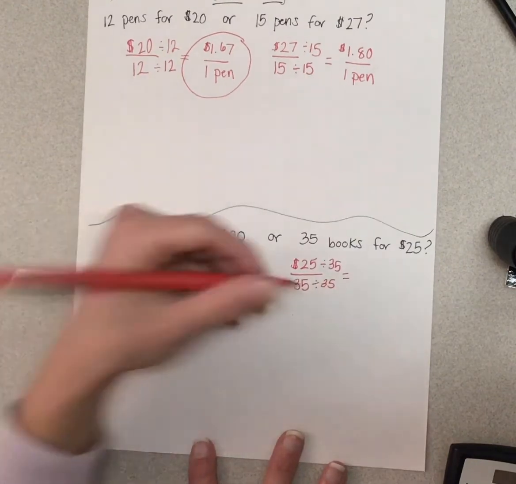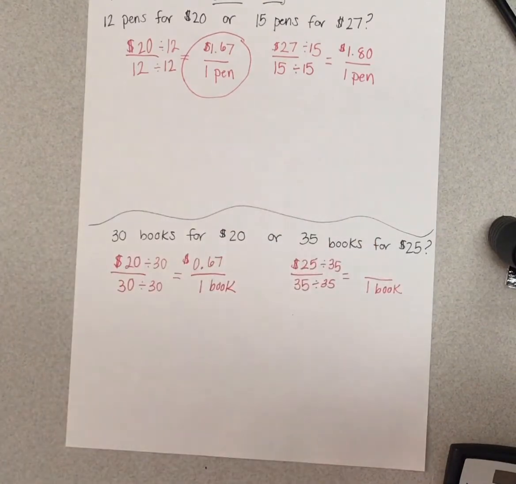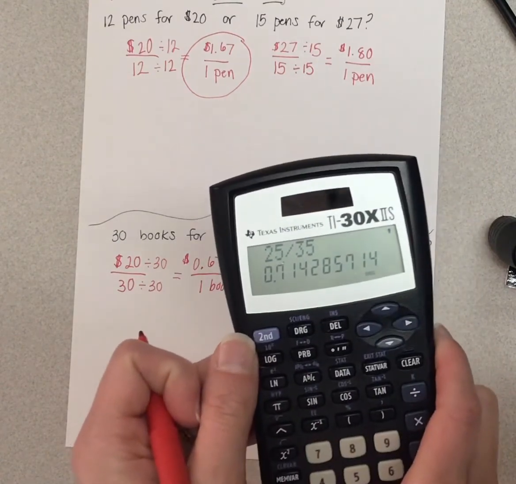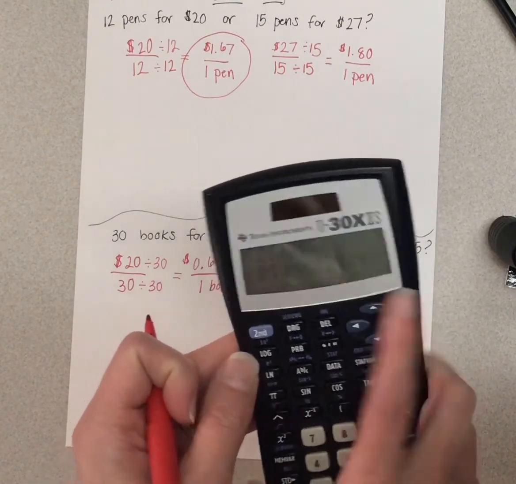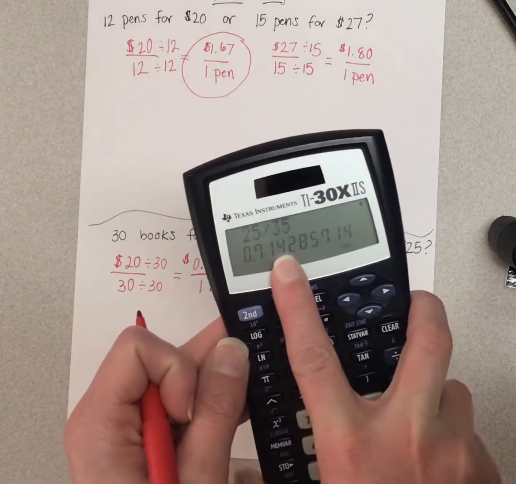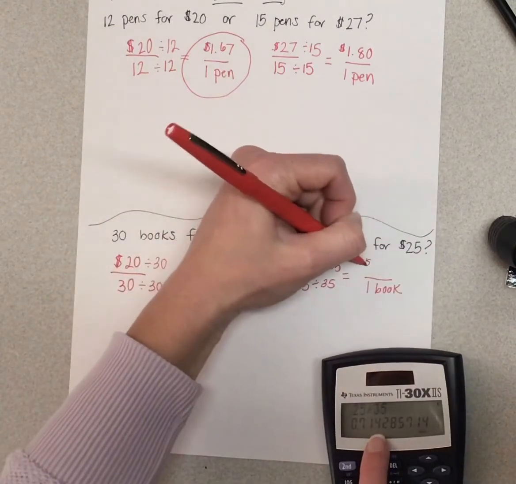When I divide by 35, I know that's going to give me the cost of 1 book. And if I look at my calculator for 25 divided by 35, I get 0.714, kind of a long decimal, so I'm just going to round that to 71 cents. I'm not going to round it up to 72 because that thousandths place is a 4, so that does not require me to round that up.